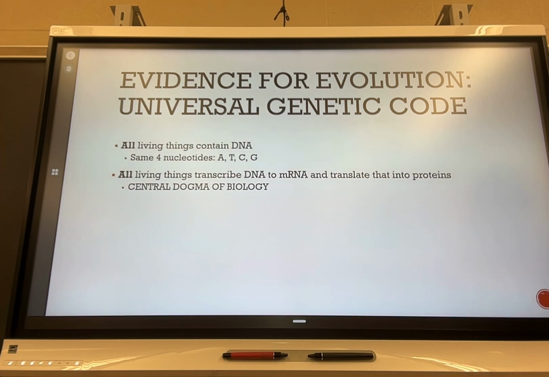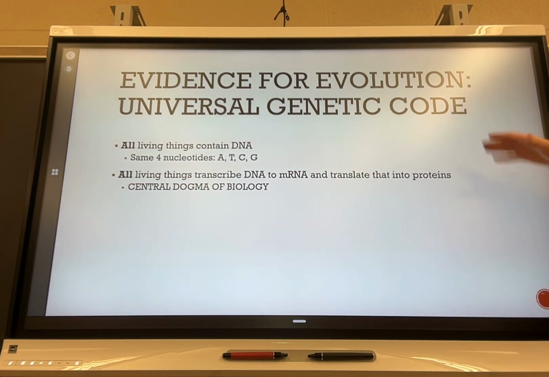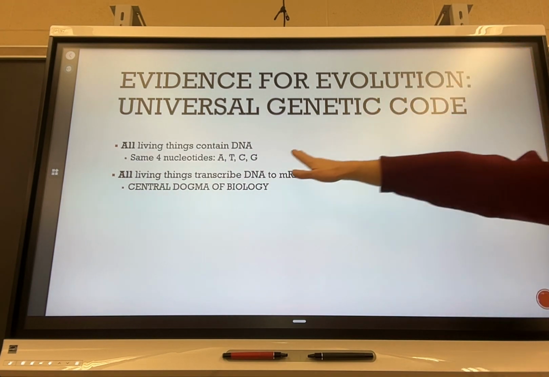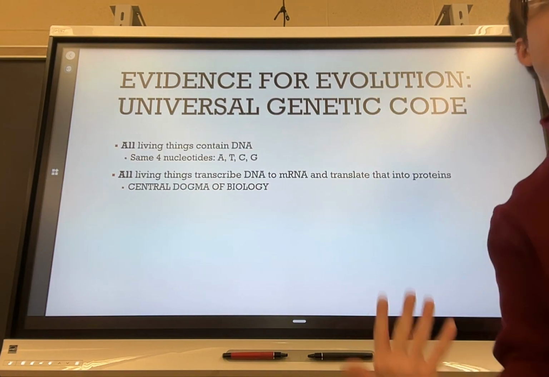And in order to use this, we all have to have kind of the same mechanisms to translate and transcribe it. We all have to use the same enzymes to turn it from DNA into protein. We have to have the same mechanisms to code from DNA to RNA, to code so that we can remake DNA.